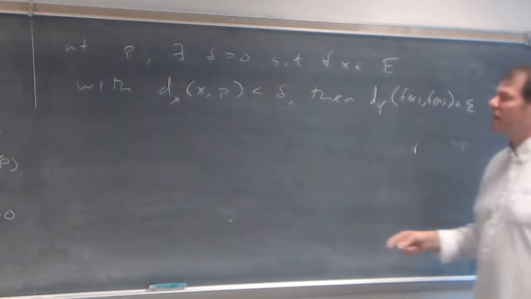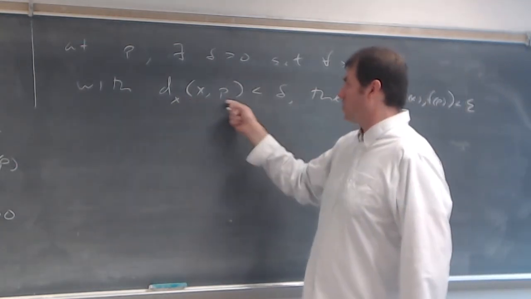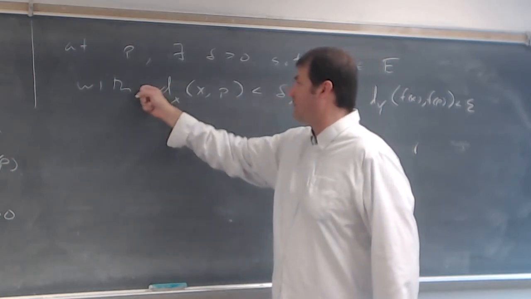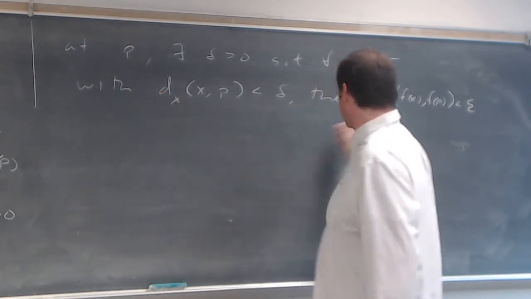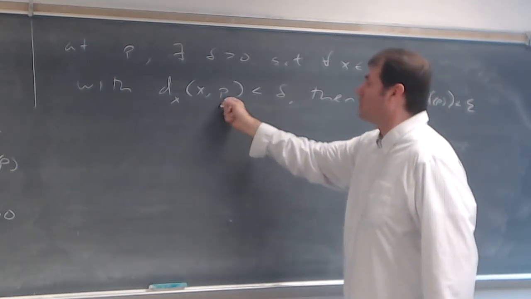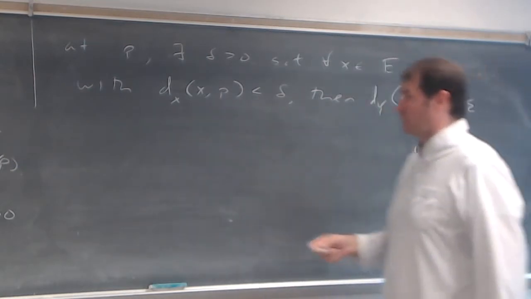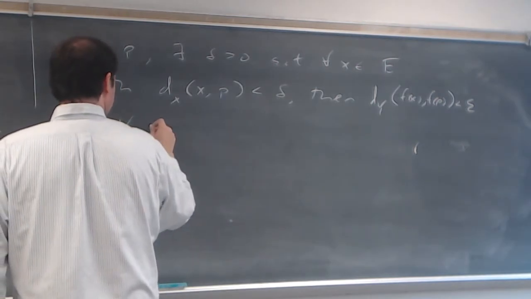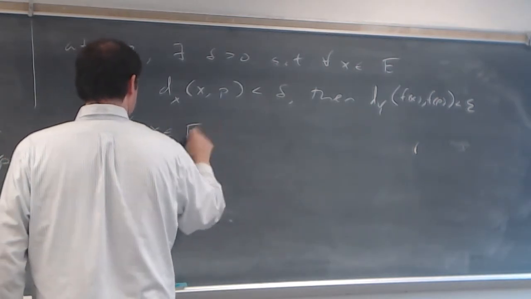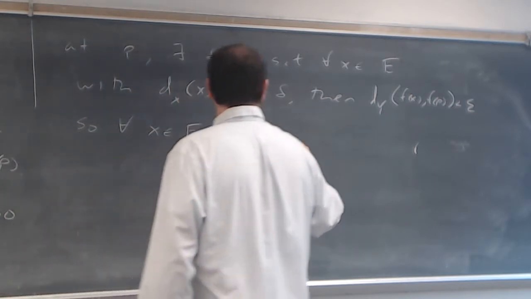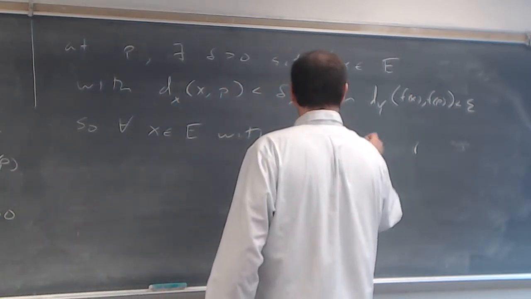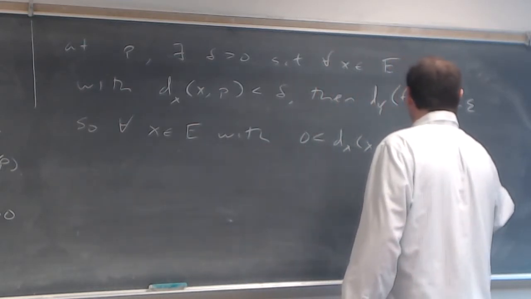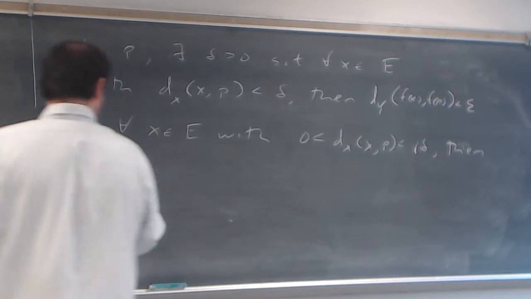Okay? Now look, we just needed this delta such that when we talk about points in E whose distance from P is less than delta and bigger than 0, we get this result. So we're talking about more x's than what we need to be talking about. So for all x in E with 0 less than the distance between x and P less than delta, we have this result.